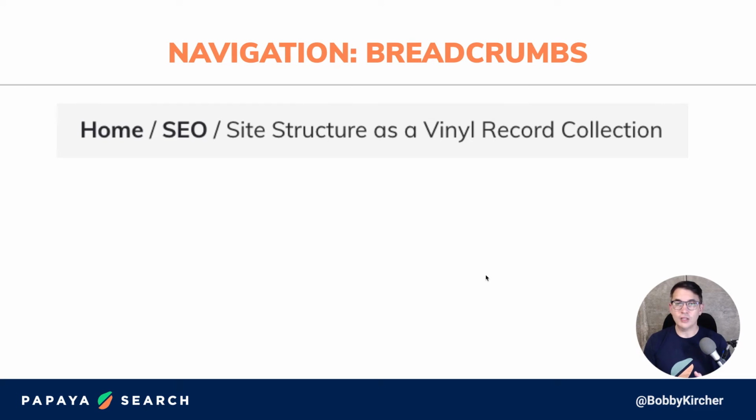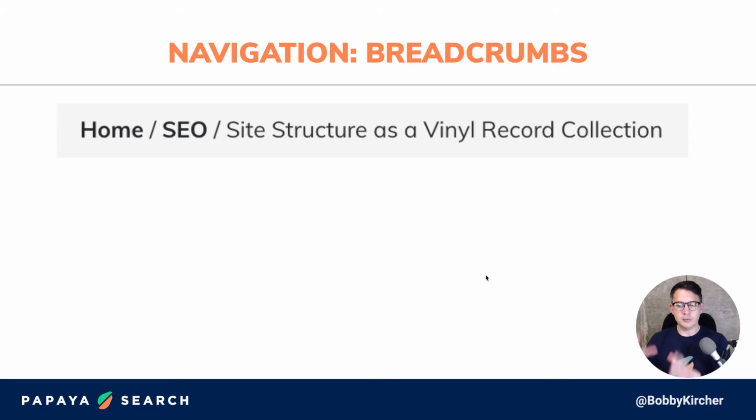Another navigational element that you can do is you can set up breadcrumbs. This is a breadcrumb for the blog post about this topic, where I mentioned it as a vinyl record collection. And so I have a whole subcategory for SEO posts, and I use breadcrumbs to help people navigate around. You probably see breadcrumbs quite a bit on e-commerce sites.